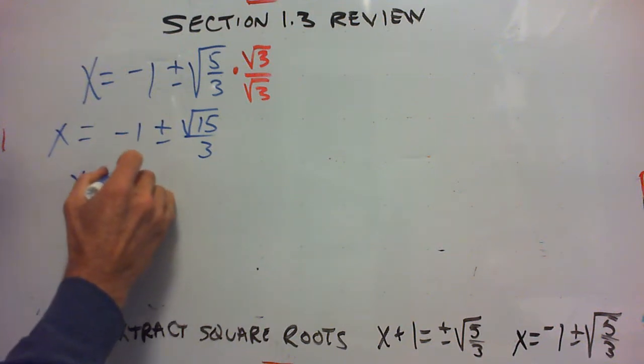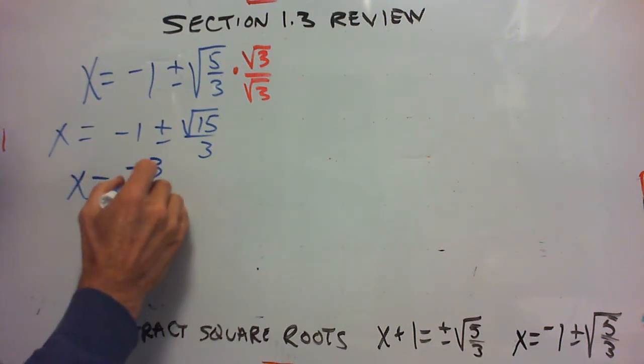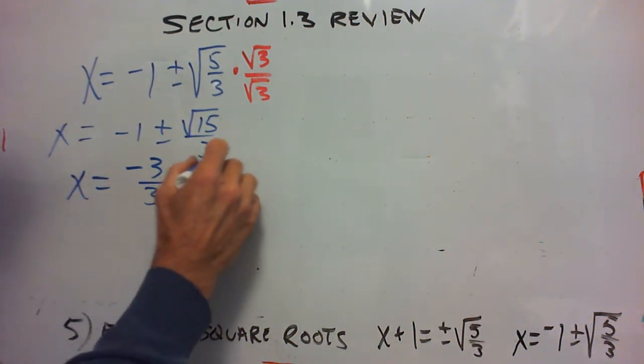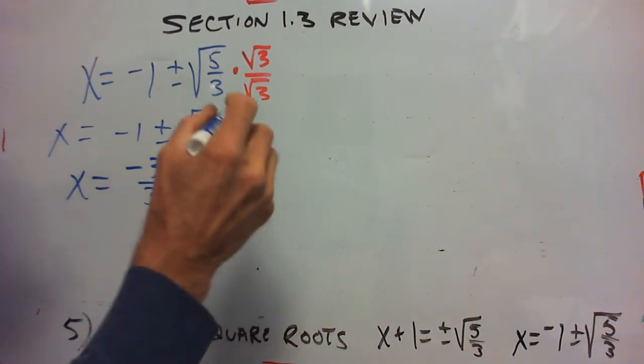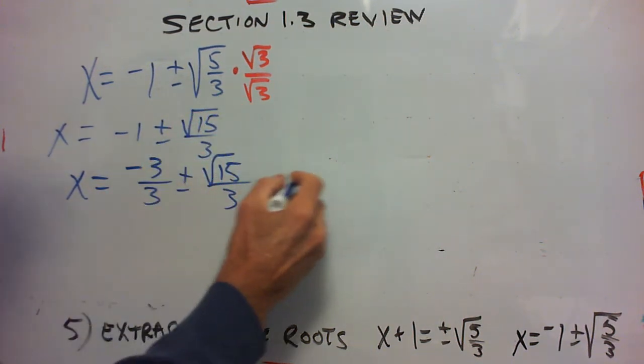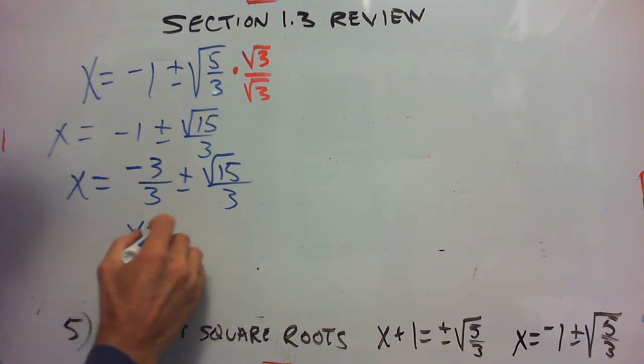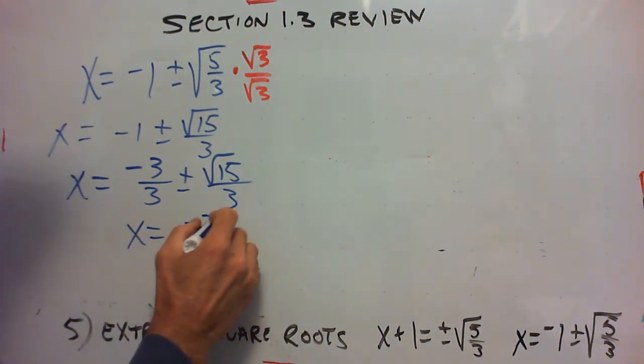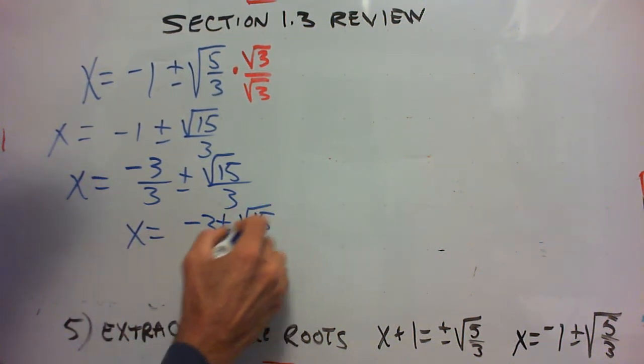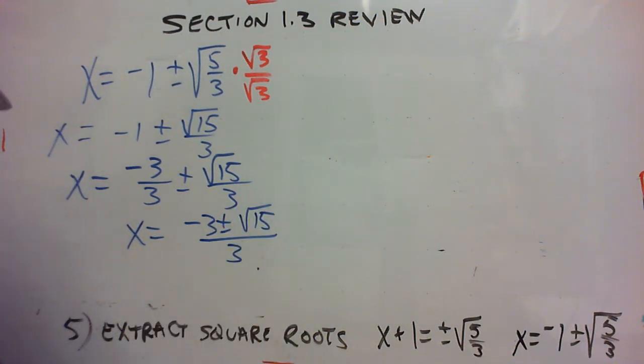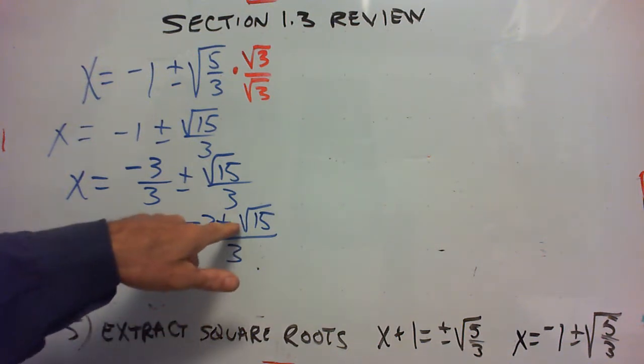Then rewrite -1 as -3 over 3. And then we can combine those two fractions into -3 plus or minus square root of 15 over 3.